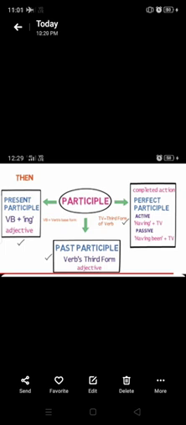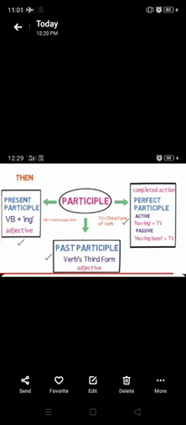We have the second type of participle, that is the past participle, and we create the past participle by using the verb's third form. And lastly, we have the perfect participle, which is used to indicate completed actions only. And we have two forms of perfect participle, that is the active form and the passive form.